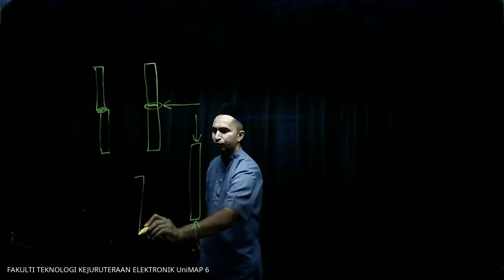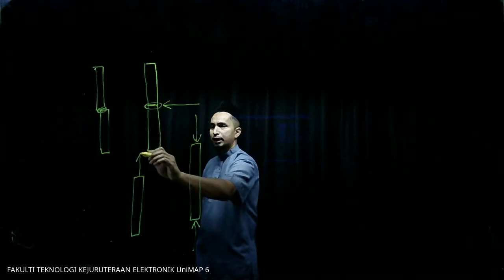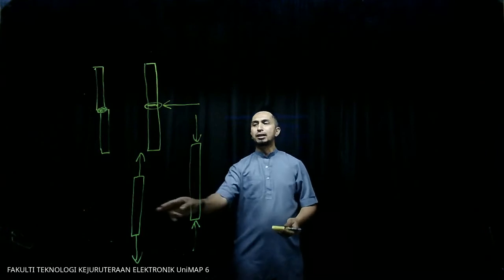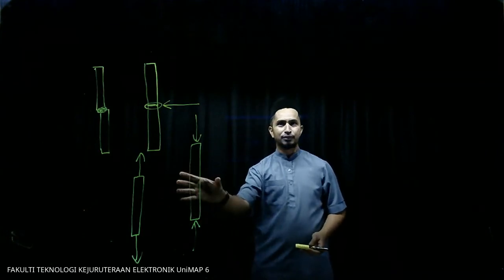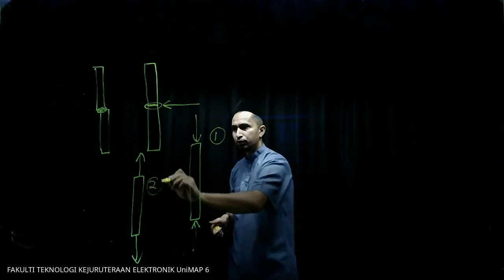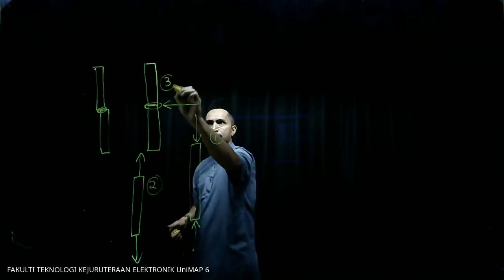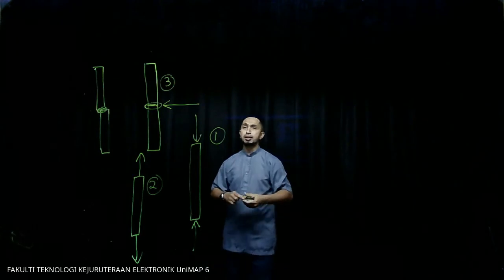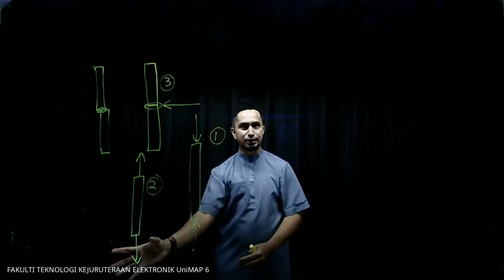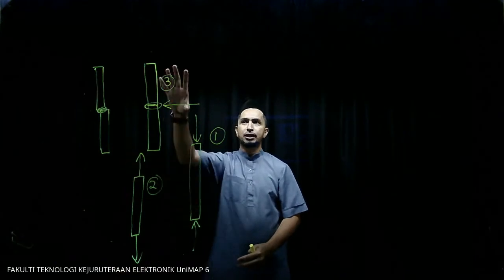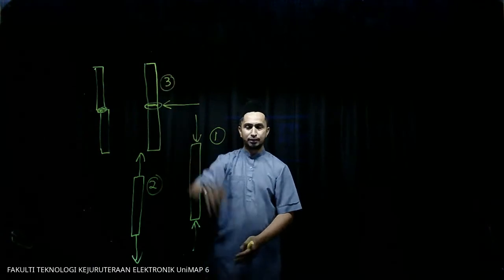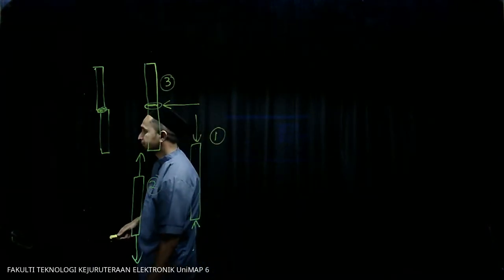But if we have tension, or tensile force, it is weaker than compressive. Ini nombor 1 yang paling kuat. This is number 2 and this is number 3. So bone is better at absorbing compression than tension, but the weakest is shearing. Faham maksud saya? Okay, kita pergi lagi.